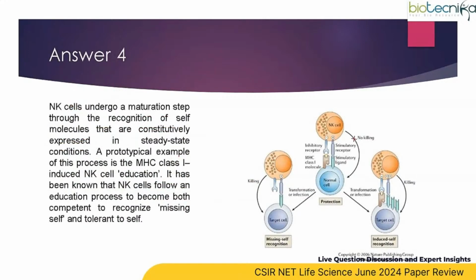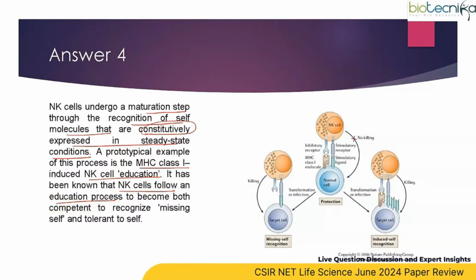So, let us talk about the NK cells. NK cells undergo a maturation step where they recognize the self molecules that are constitutively expressed in steady state conditions. Constitutively expressed means they are always being expressed. A prototypical example of this process is MHC class 1 induced NK cell education, as it is known. NK cells follow an education process.